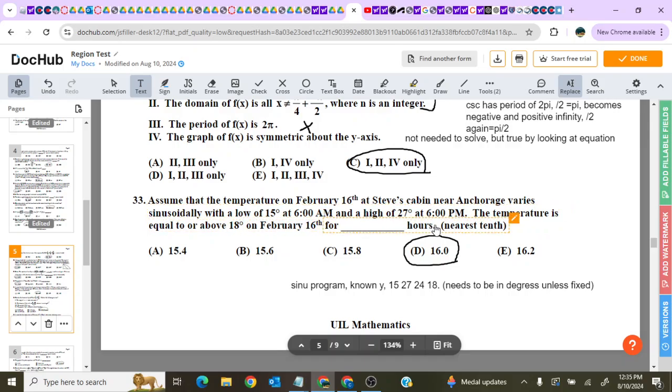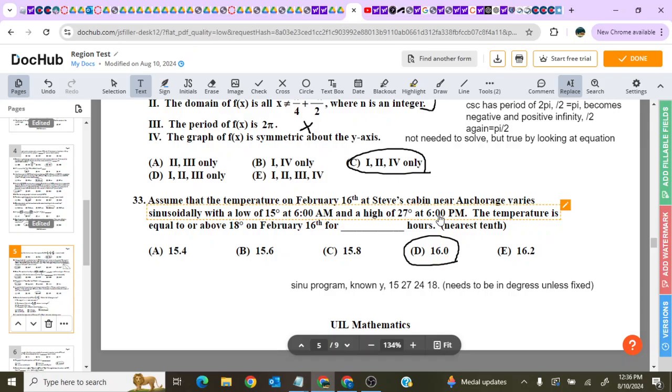And then 33, temperature varies sinusoidally, low of 15, high of 27. Temperature is above 18 for how many hours? Well, this is going to be our sinusoidal program. You know your y value, the temperature you're looking for. You know your lower value of 15, your higher value of 27 degrees, and your period: it goes from low to high in 12 hours, so your period is 2 times that, so 24 hours.